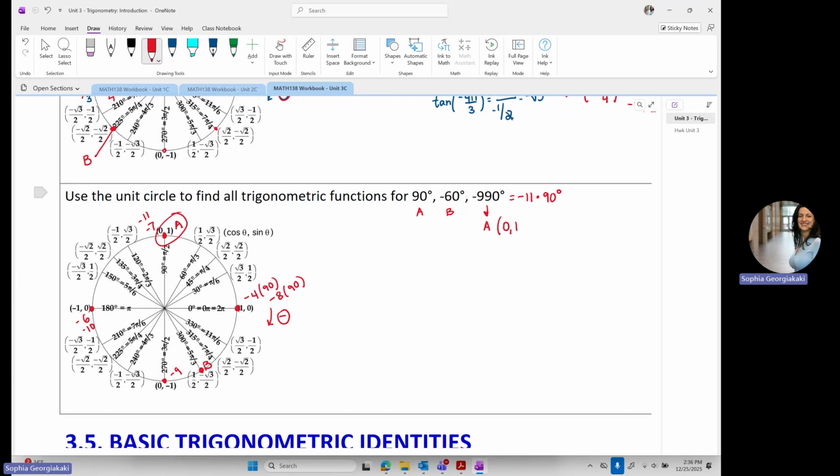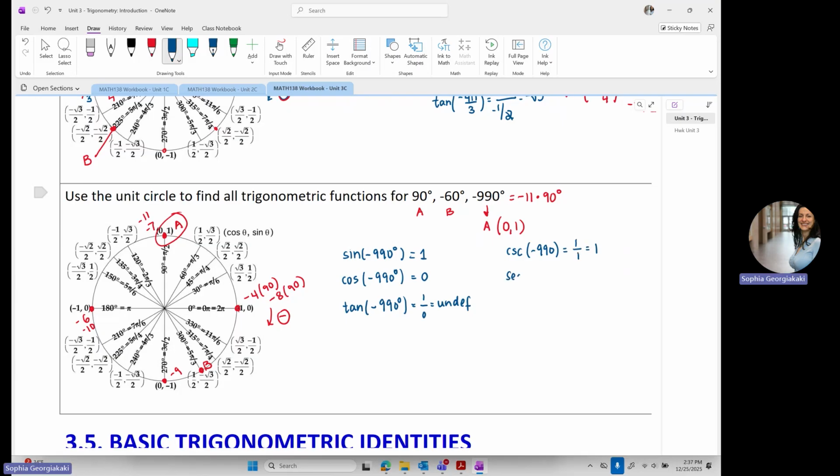The point is (0, 1). So the sine of -990 will be the y-coordinate. The cosine of -990 will be the x-coordinate. The tangent of -990 will be y divided by x. That's undefined. The cosecant of -990 is 1 over y, which is 1.